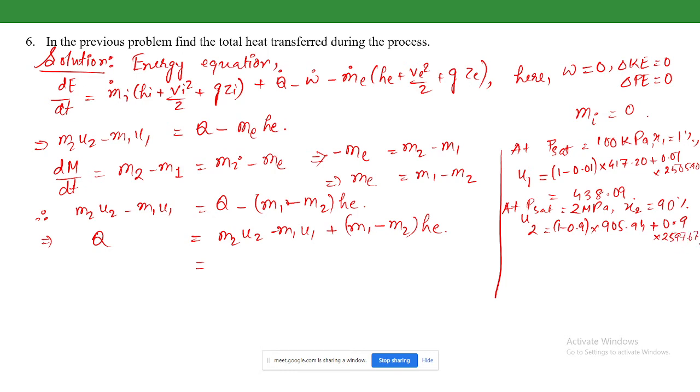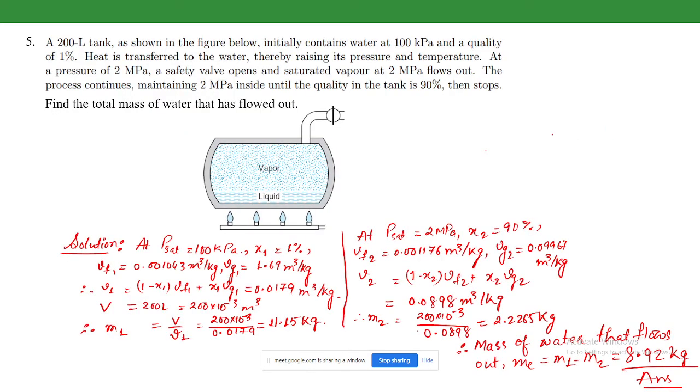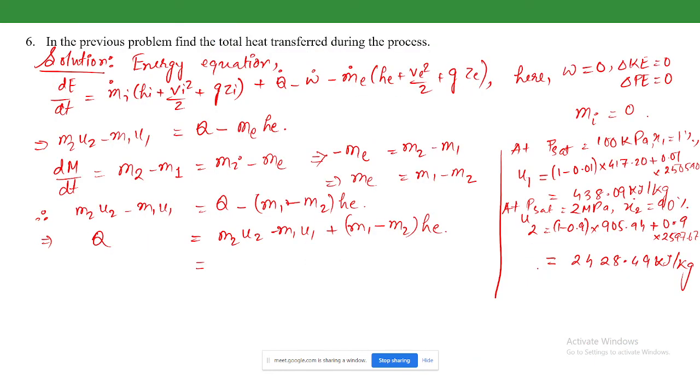This is the internal energy value of the vapor state, and the other is the internal energy value of the liquid state. So this comes out to be 2428.49 kilojoule per kg.